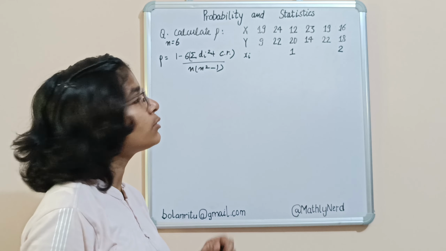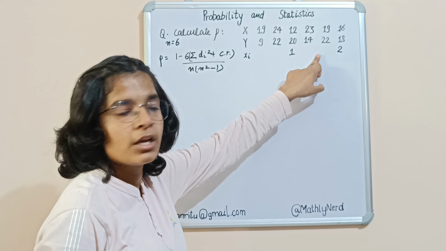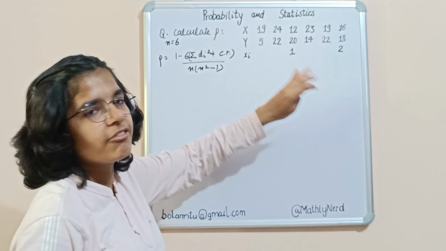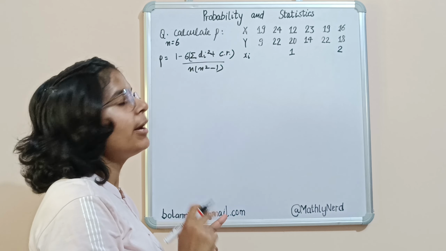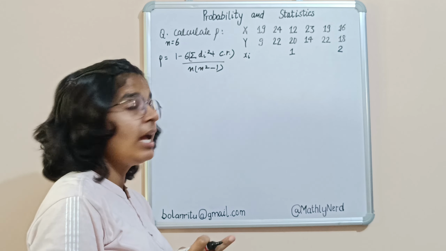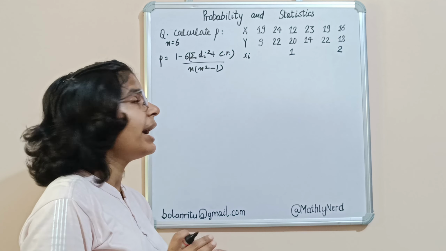We also cannot give rank 3 to one and 4 to the other, because they both have the same value. So we will assign them the same value, which will also maintain our summation xi and x bar.